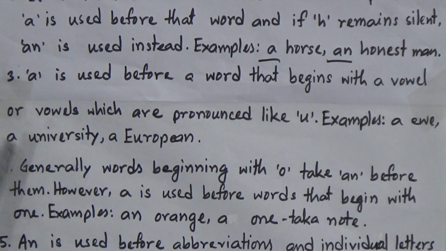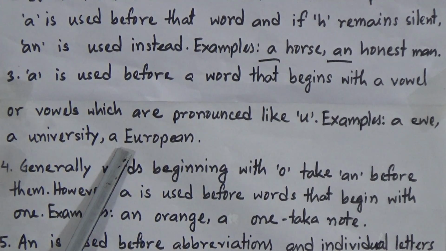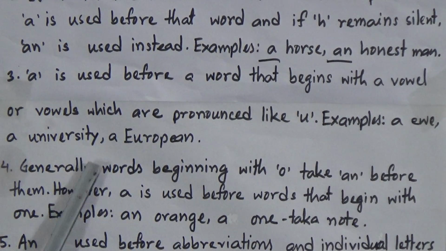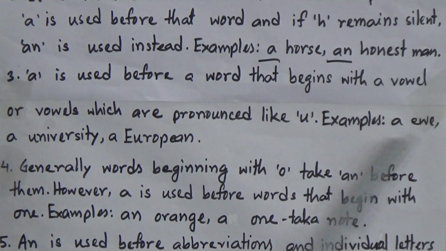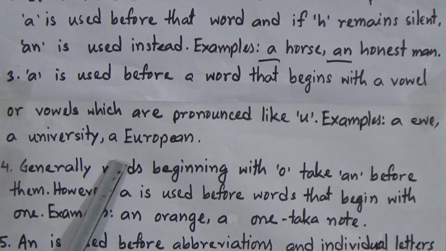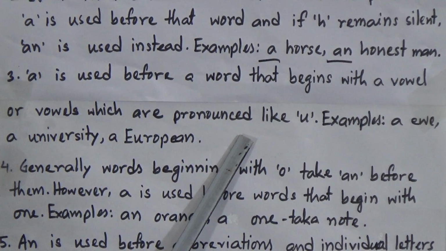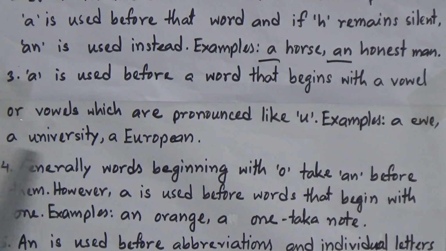Examples: a university, a European. They are pronounced like U, that's why we use A instead of AN. We know that we use AN before vowel sounds, but if the vowels are pronounced like U, we will use A.